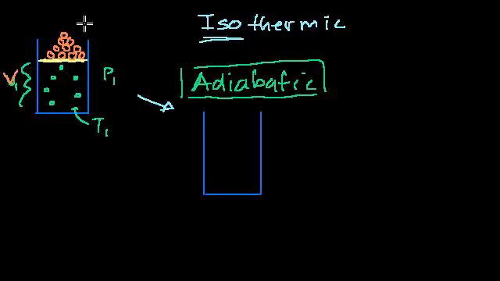As I release a couple of pebbles, one at a time, my volume is going to increase. So I'm going to have a slightly higher volume. I have fewer pebbles here now. And since I have the same number of molecules, they're going to bump into this less. So pressure is going to go down. Volume is going to go up.